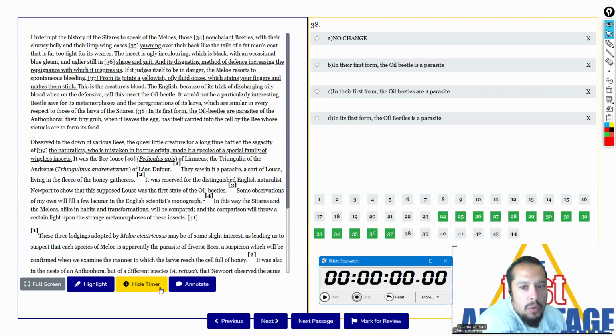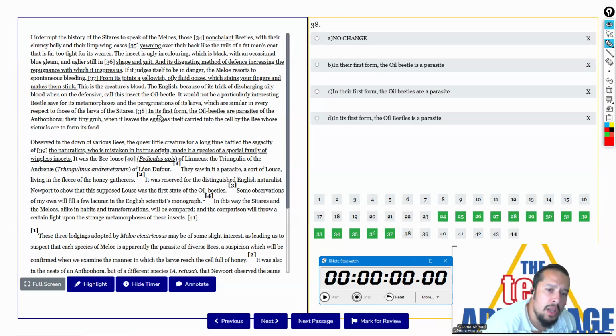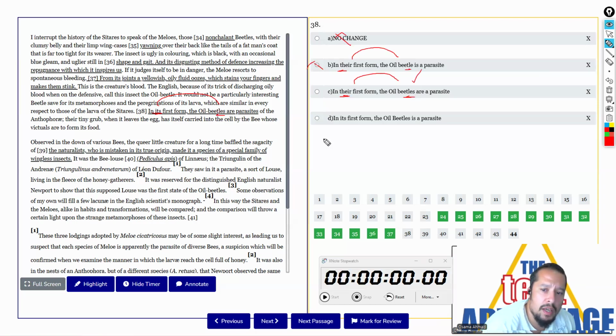It's a pronoun question, guys. Read this sentence. Okay, so look, answer A: it's Beatles? No. They're Beatles, okay.